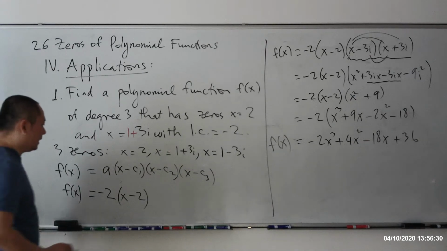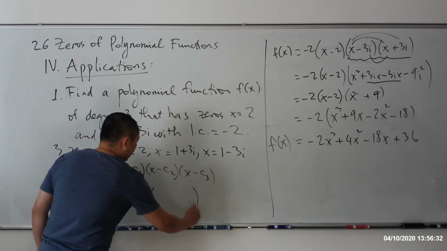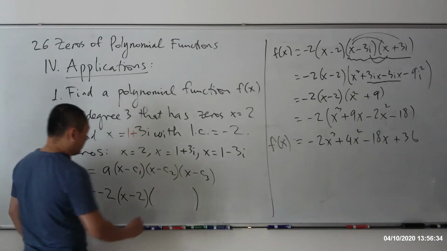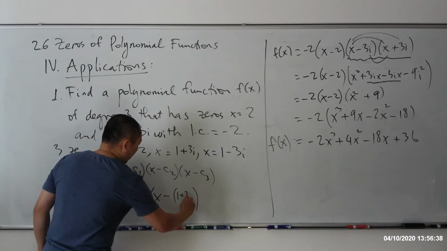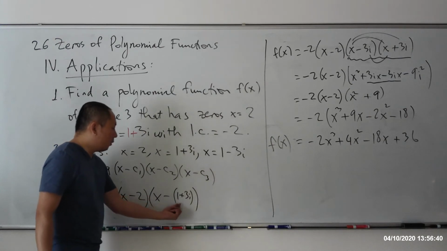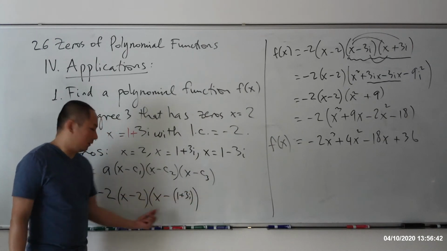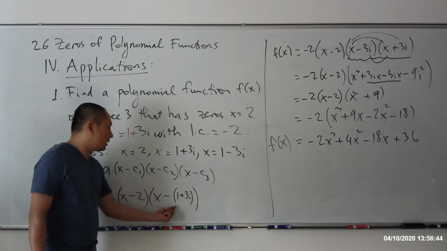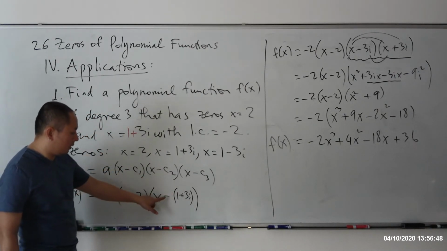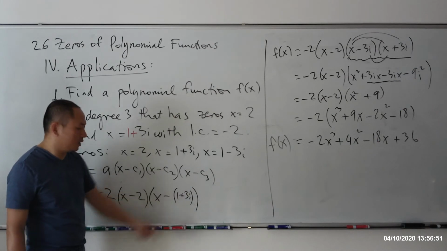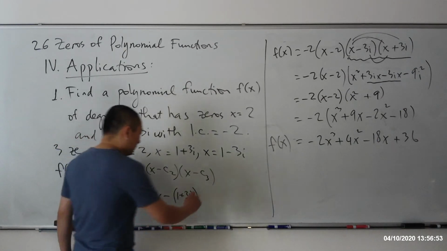Very good. Now, for the second factor, it's going to be x minus (1 plus 3i). And you see the way I wrote it. 1 plus 3i in parentheses. x minus the entire 0. Okay? It's very important that you have parentheses because later on you need to distribute a negative sign into the two terms. Okay? For your safety, you do an algebra.